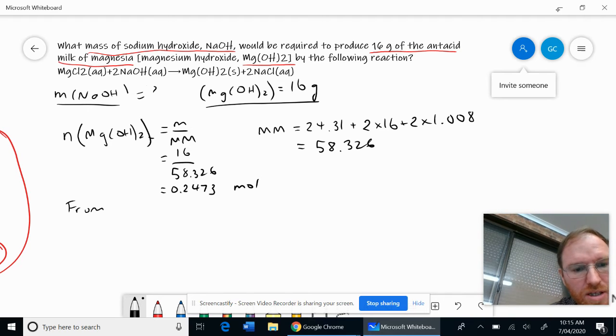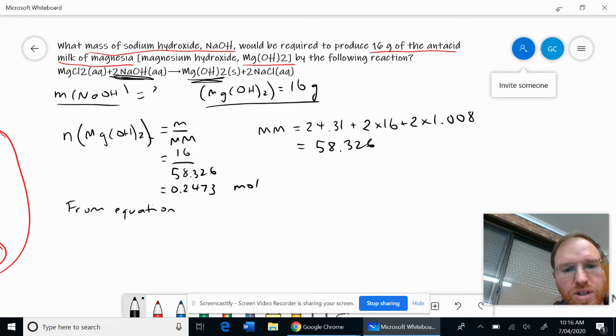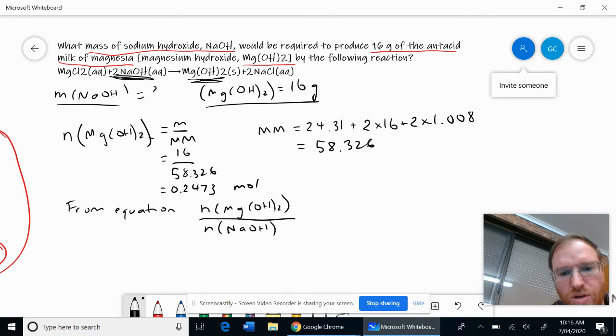So from the equation, what do I do with it? I want to know the ratio of moles of sodium hydroxide to moles of magnesium hydroxide. So what is that ratio? Well, I've got 1 mole of magnesium hydroxide for every 2 moles of sodium hydroxide.